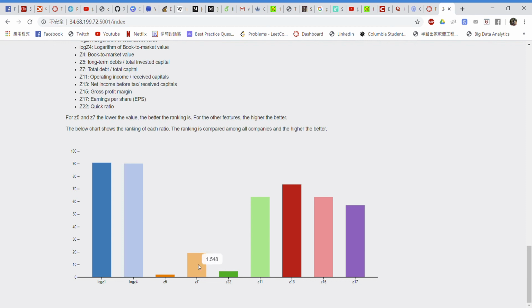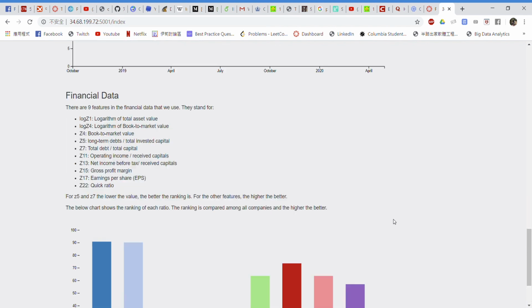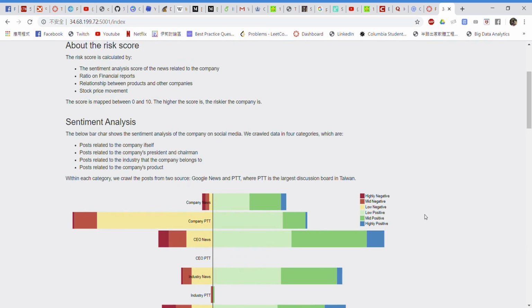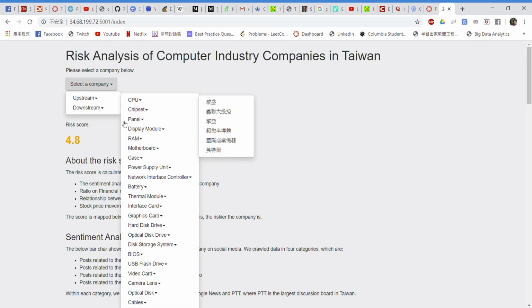So for this value, the lower the value is, the better it is. As you point on the bar, it shows the actual value of this ratio, but to visualize it, the height of the bar is the ranking of the ratio among all the companies.